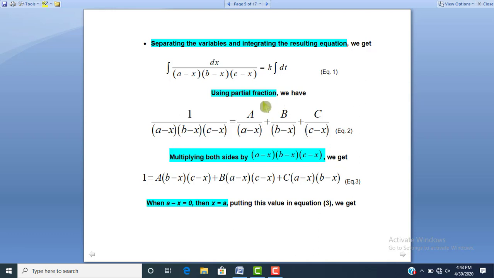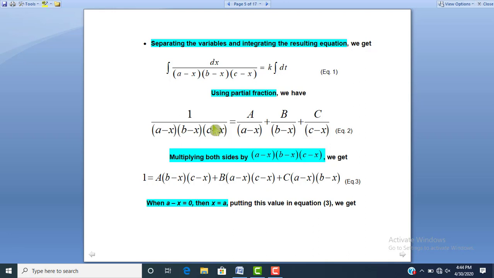Dear students, this partial fraction method you have already applied in the previous lecture when we studied the second order reaction when the initial concentrations of the reactants were different.